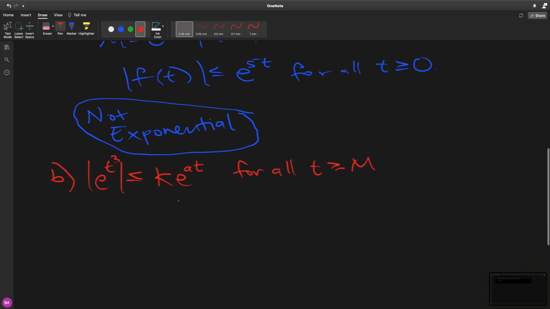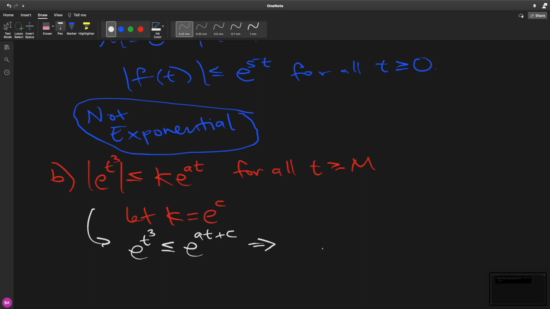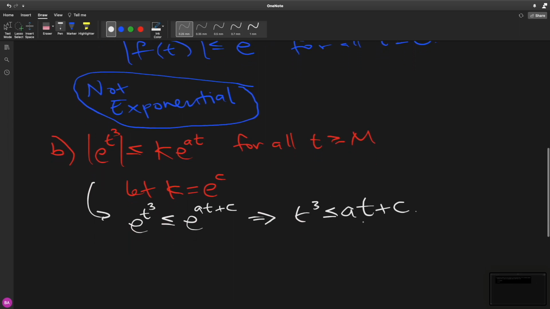So one thing we can do is let k equal e to the c for some constant c, and we can rewrite this inequality, and then take the natural log of both sides. So now we want to find values of a, c, and m such that for all t greater than or equal to m, this inequality is true.